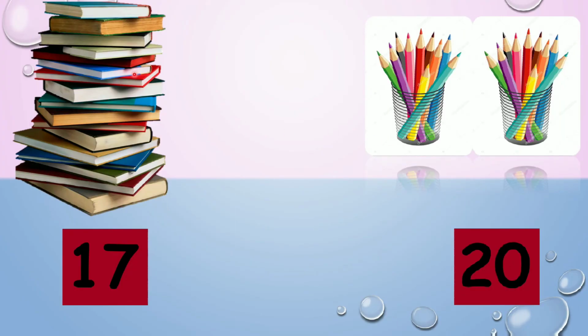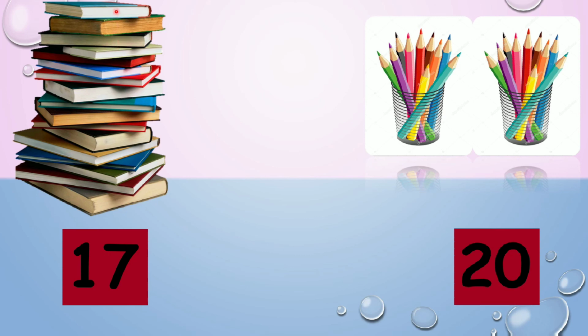And now, right here we have a stack of books on one side and colored pencils on the other side. Let's count and determine how many books we've got right here. Let's start from top to bottom.